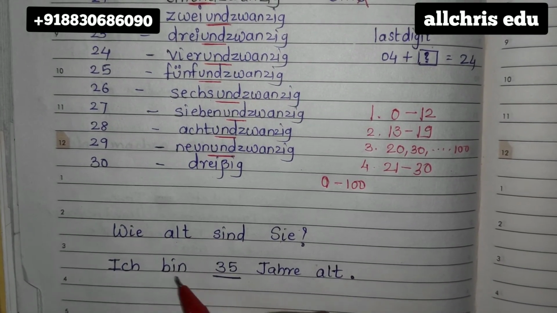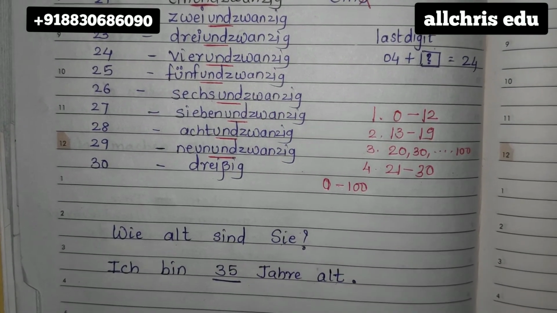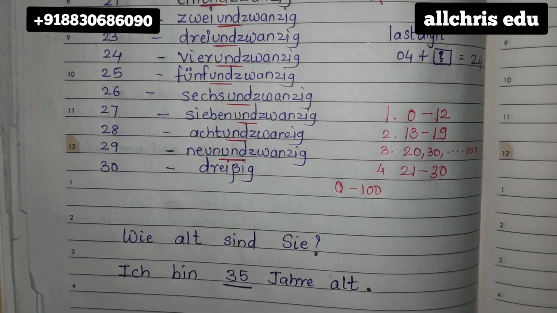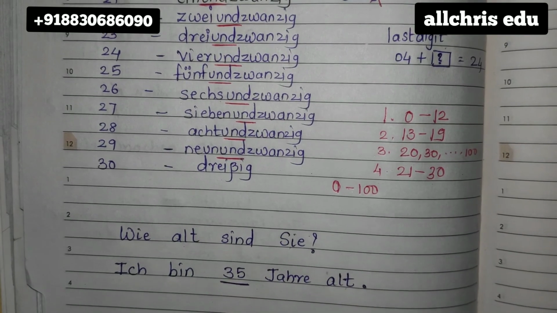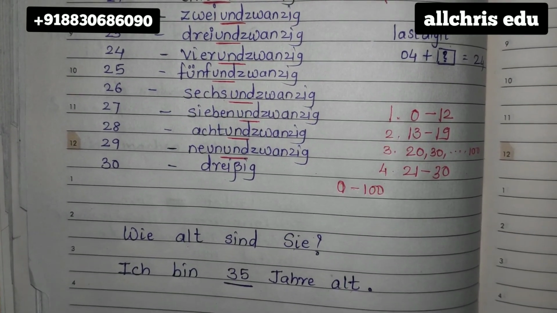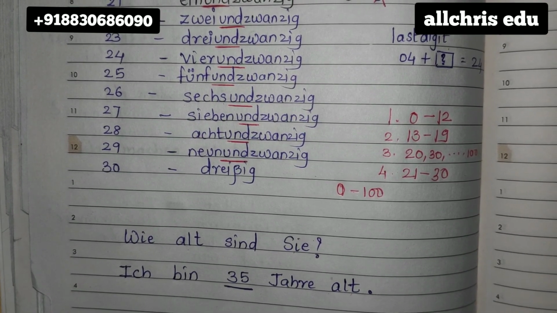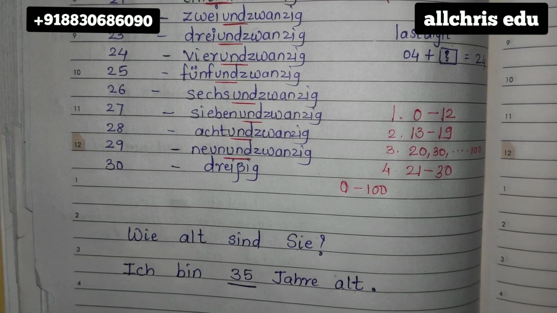Ich bin 35 Jahre alt. According to your age, you can tell the number. I have told you mine. Ich bin 35 Jahre alt. So practice this, make your own audio and do send it to me with proper pronunciation and explanation, and the questions as well.